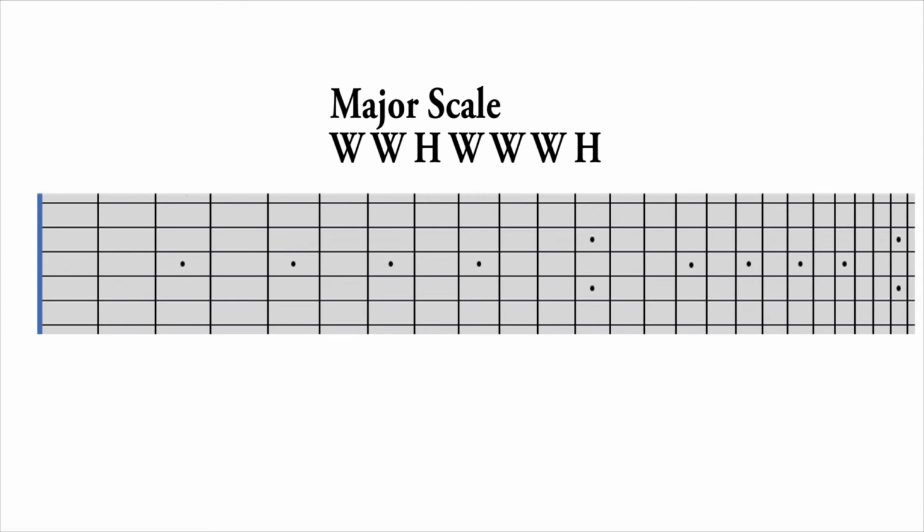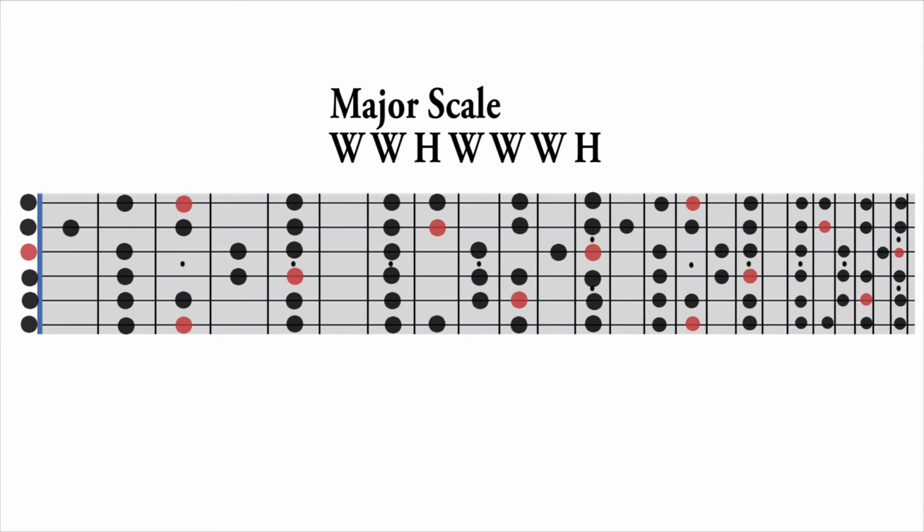So now let's put all those 5 shapes together. And as you can see, it's a lot of notes. But having this system, the CAGE system, and the understanding of whole steps and half steps helps us organize this.